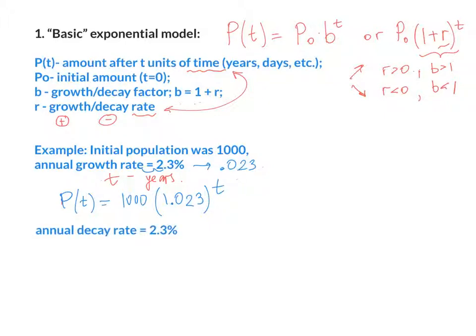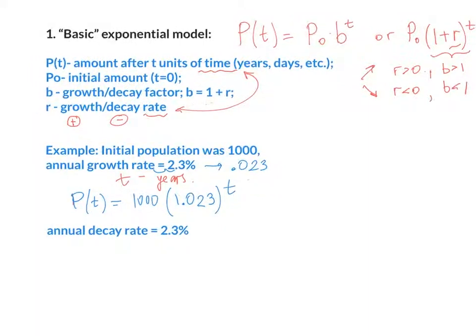So now, suppose instead of growing 2.3% a year, our population decays 2.3% a year. Because it's decay, then it will be negative 0.023. So my equation will be P of t equals initial 1,000. Now, instead of adding 0.023, I need to subtract this from 1.